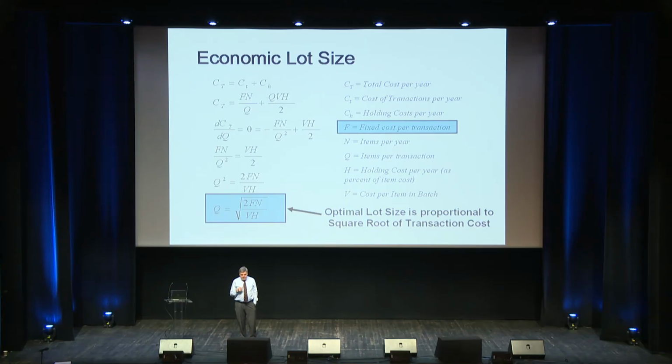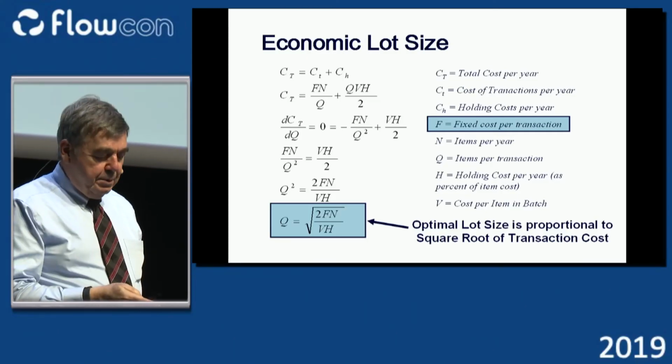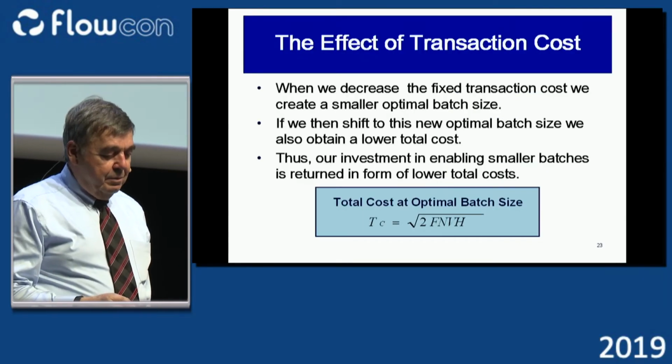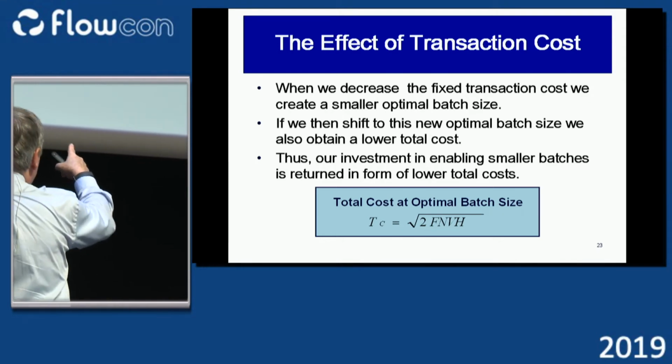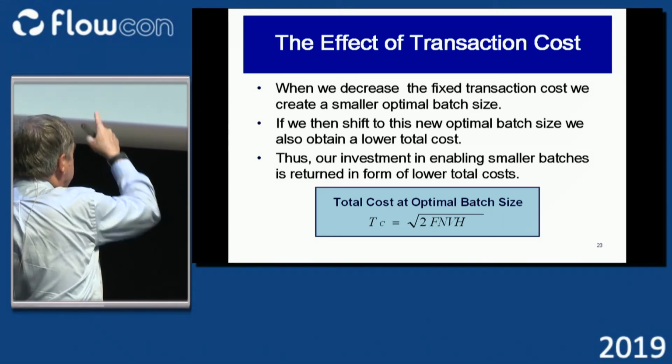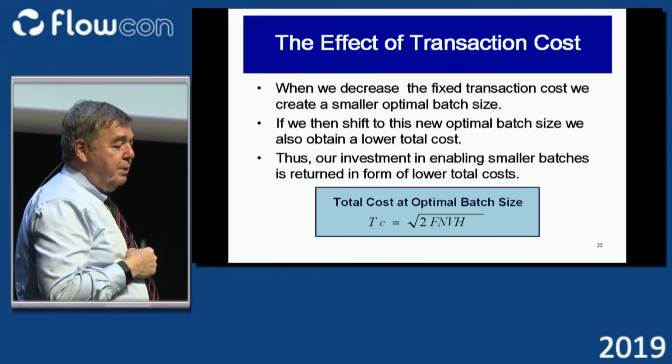Now, you can do another thing with this equation, which is you can plug the optimum batch size back into the total cost equation and ask, what is the total cost at optimum batch size? And what you get is this formula, and again, it has the fixed cost underneath the square root sign.